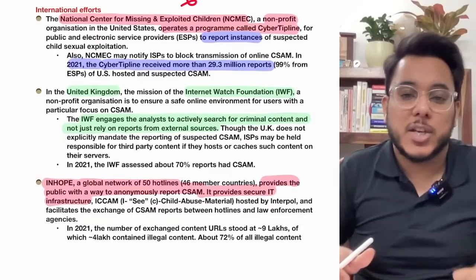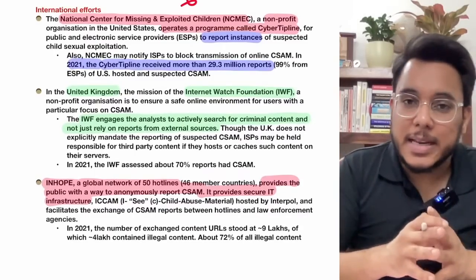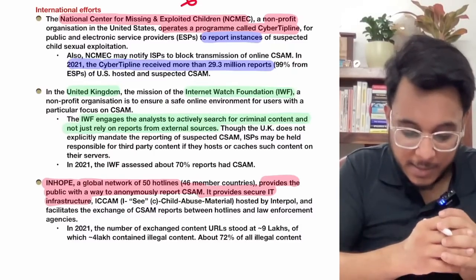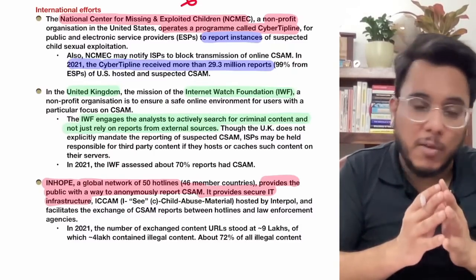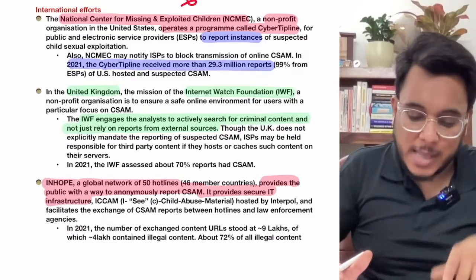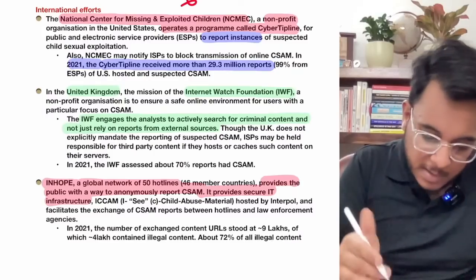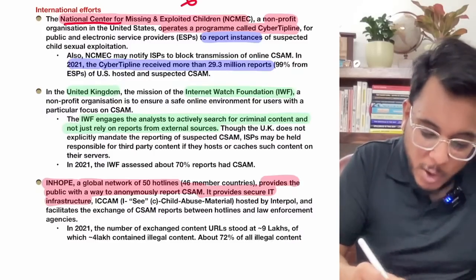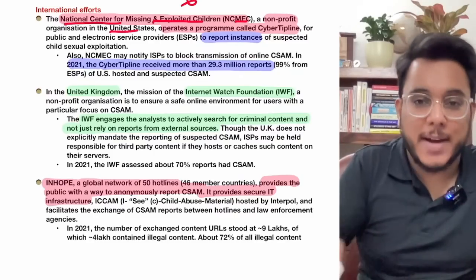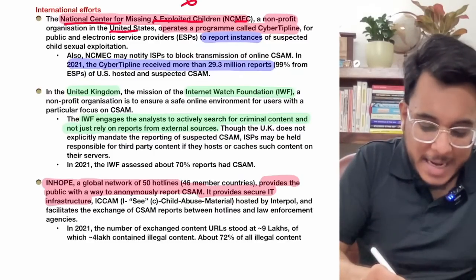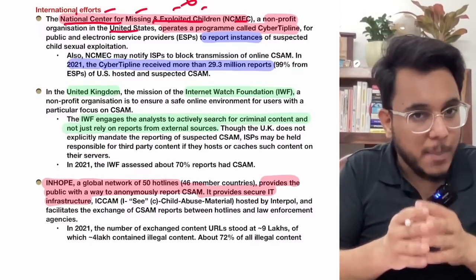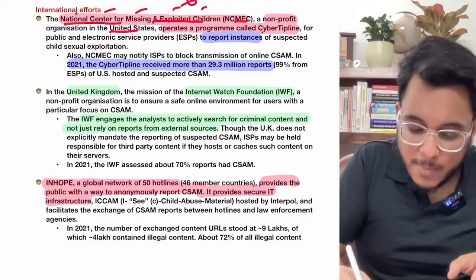In this direction, many countries such as the US and UK have done some very good work to deter child pornography. For example, there is the National Center for Missing and Exploited Children, which is a non-profit organization of the United States. It operates a program called the Cyber Tipline.